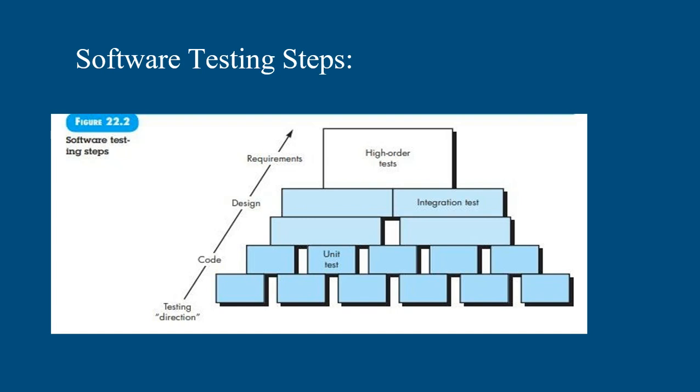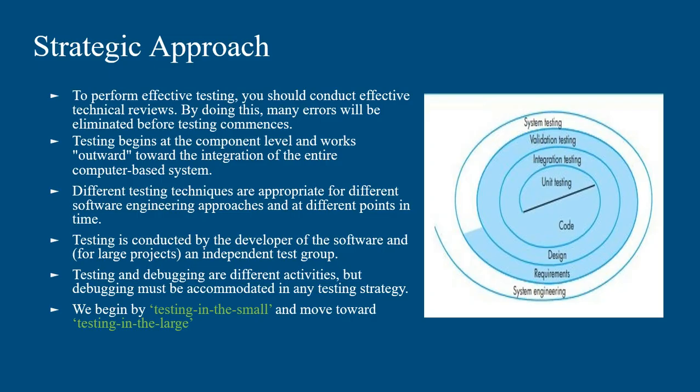We call it testing directions. The testing is basically of two types. One is manual testing, and the second is computational or automatic testing. The strategic approach to testing is, first and foremost, applied in the coding part, because sub-modules are a collection of modules.